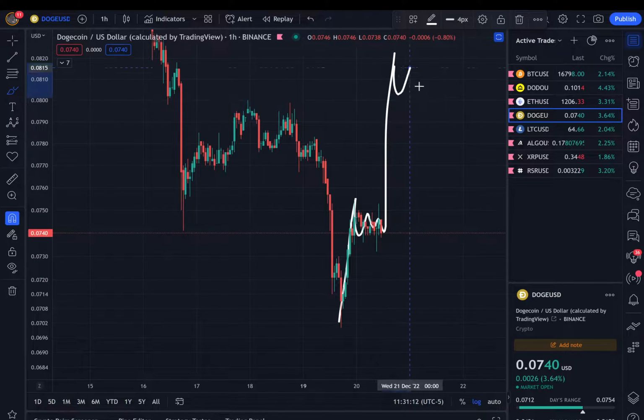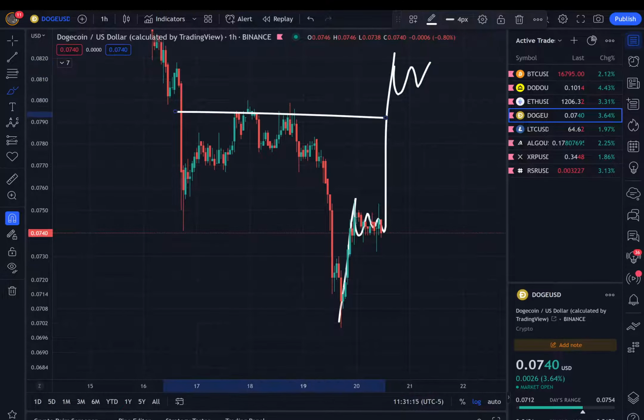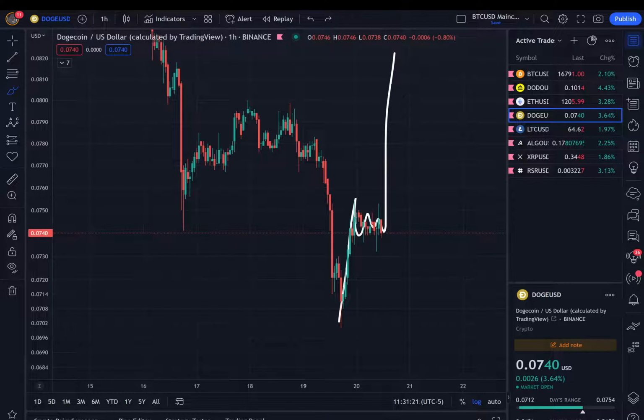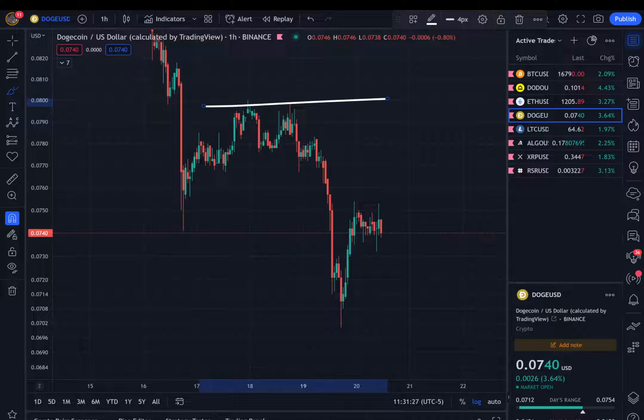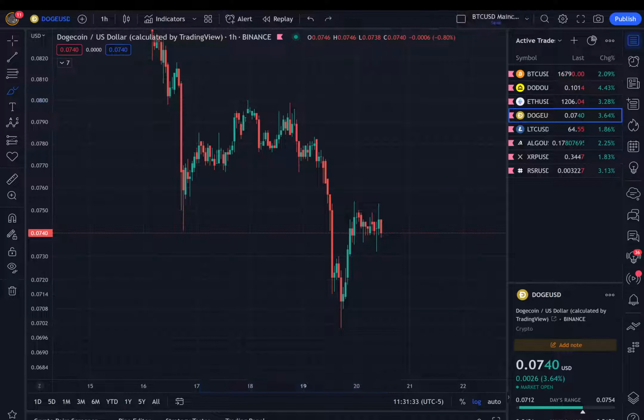It's likely to continue and at least break this resistance right there, right? Because again, if you're looking for a change in trend, if you're looking for a bullish reversal, you want to make a higher high of the previous staunch resistance, which in Dogecoin would be at 8 cents, okay?